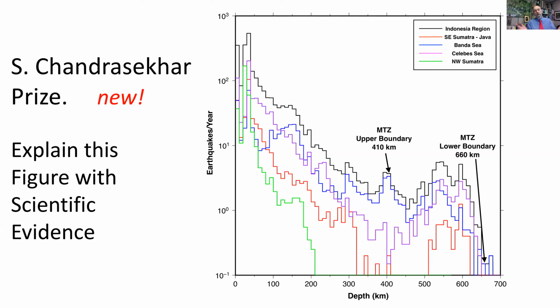I offer the opportunity for anyone listening to try to explain this kind of pattern, to look at the deep earthquakes in Indonesia and explain this with scientific evidence. What is the cause of this pattern of decreasing seismic activity followed by the increase? That's a challenge for you to solve this problem.